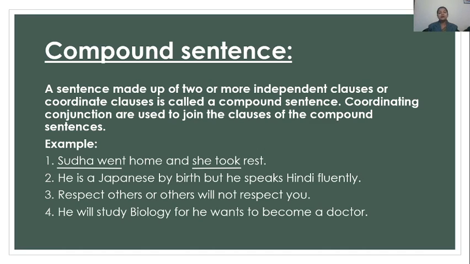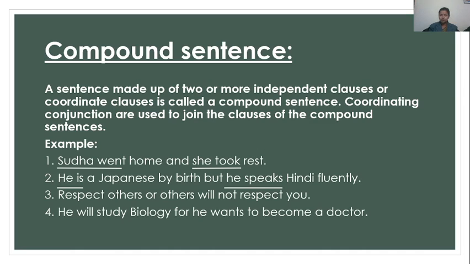Now look at the second sentence. He is a Japanese by birth, but he speaks Hindi fluently. He is a Japanese by birth. This is my first clause. So the first subject and verb is he is. He speaks Hindi fluently. This is my second clause. So he is my second subject and speaks is my second verb.